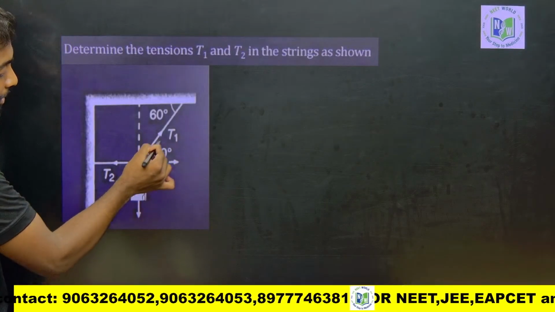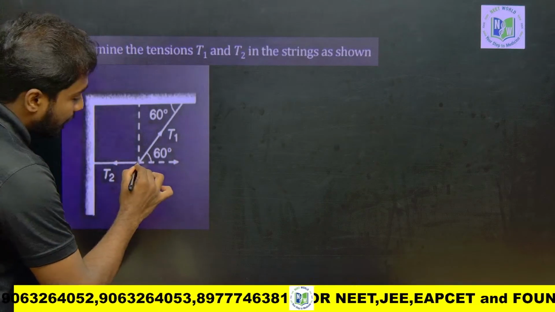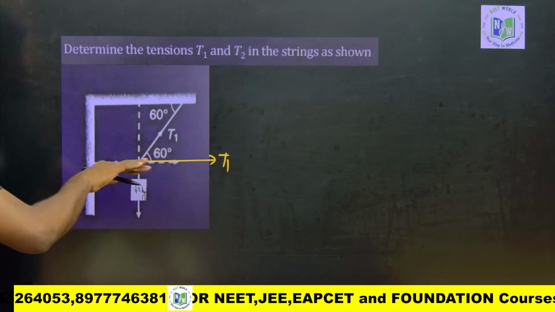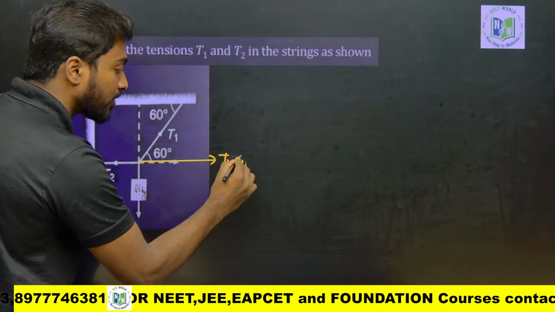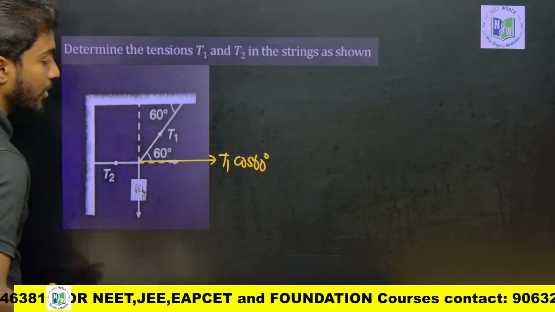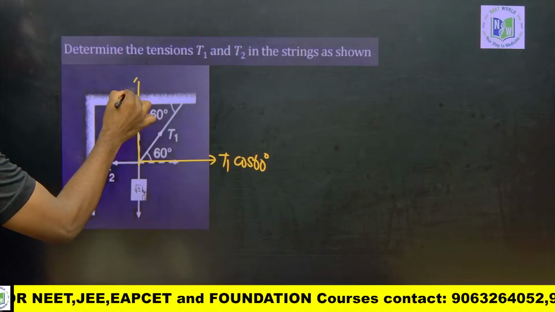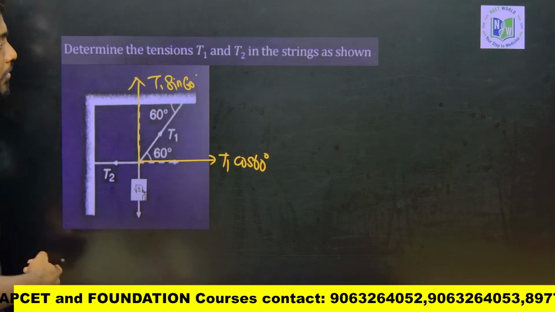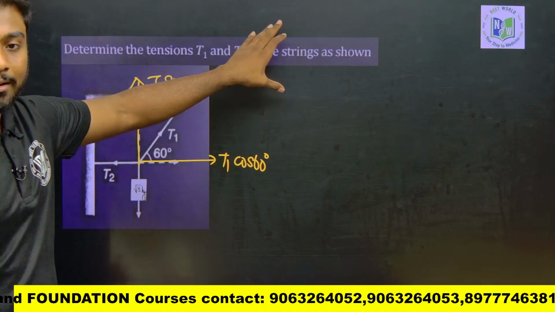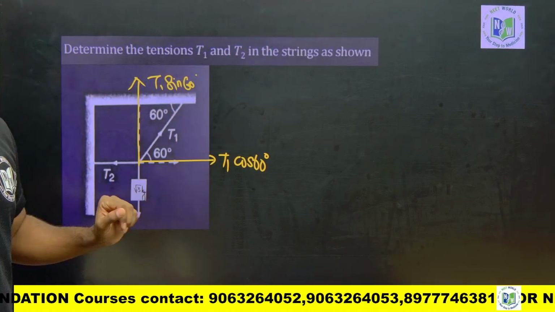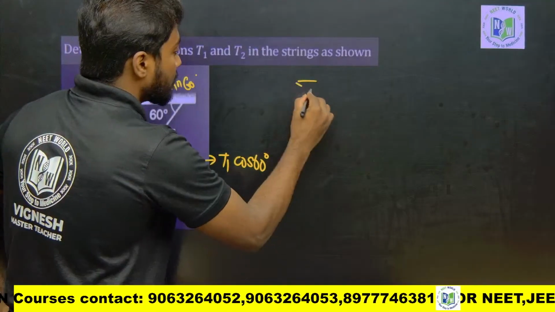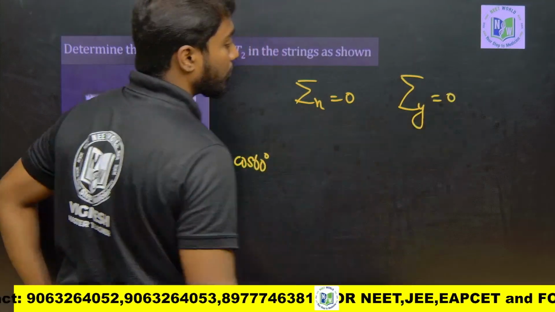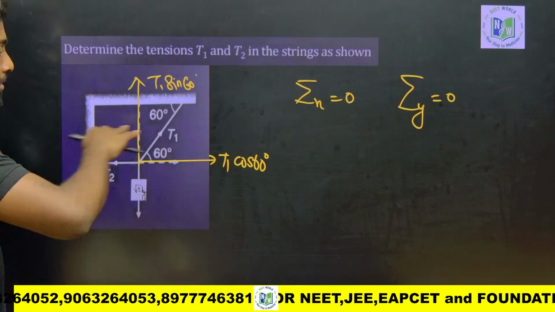So this is 60 degrees, tension T1, at 60 degrees near to the axis, then this one will be T1 cos 60 degrees and this one will be my T1 sin 60 degrees. Consider this figure is in equilibrium. Now summation x equals 0 and summation y equals 0, so we will consider the x axis and y axis.